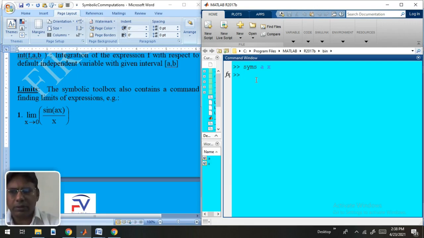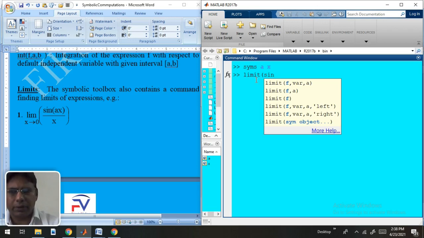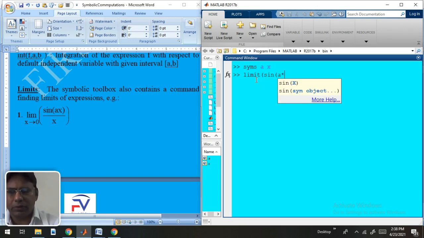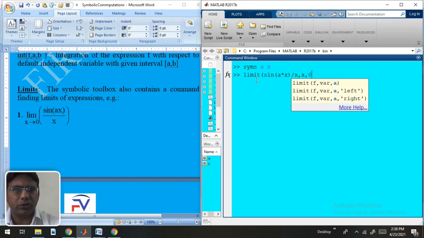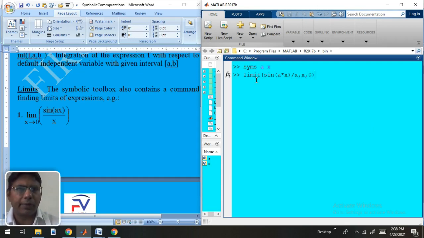Then we will write limit of sine of a into x divided by x, x tends to 0, so x comma 0 we will write. So its value is a. So we are getting the correct value a.